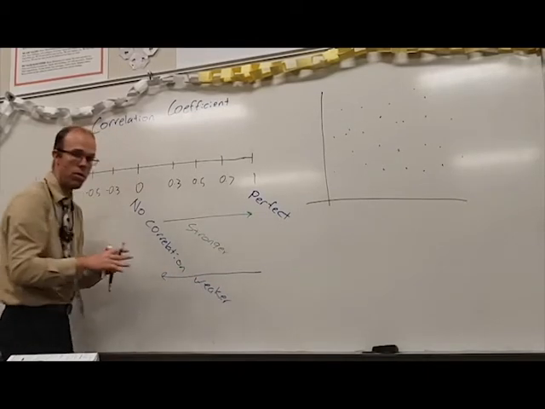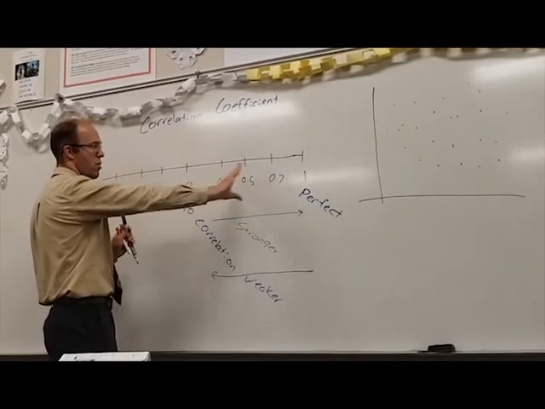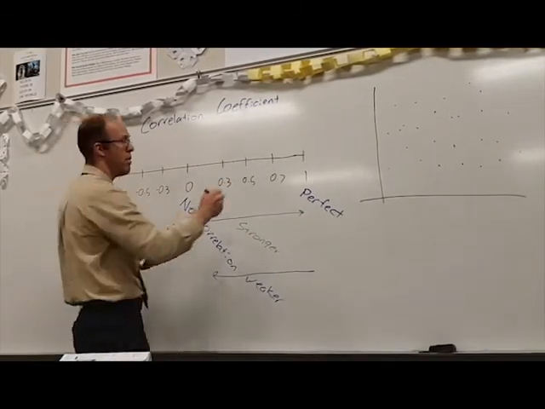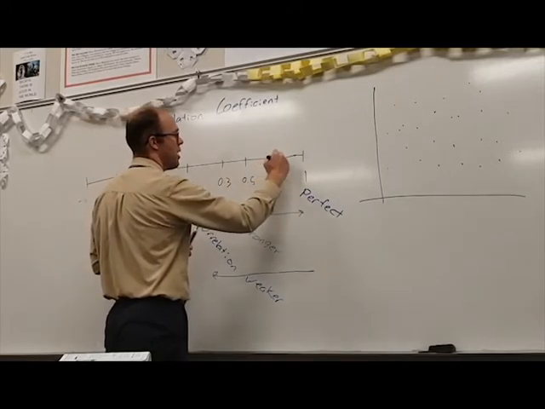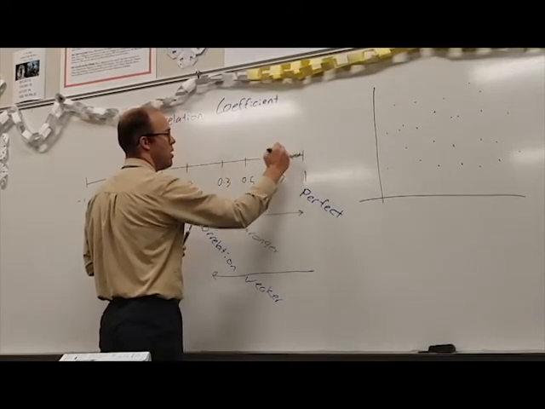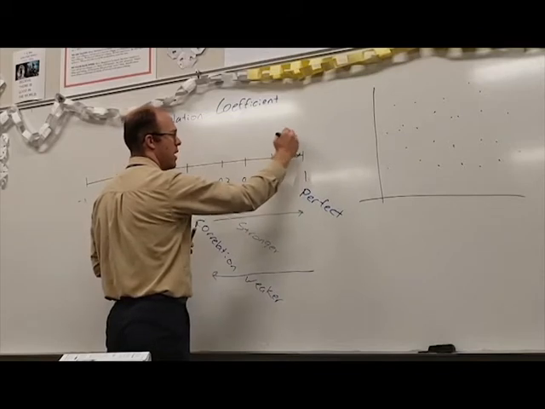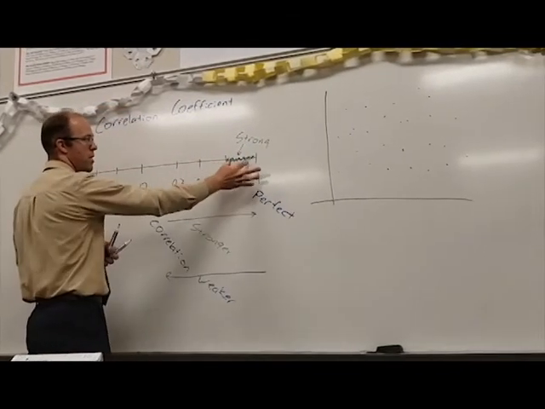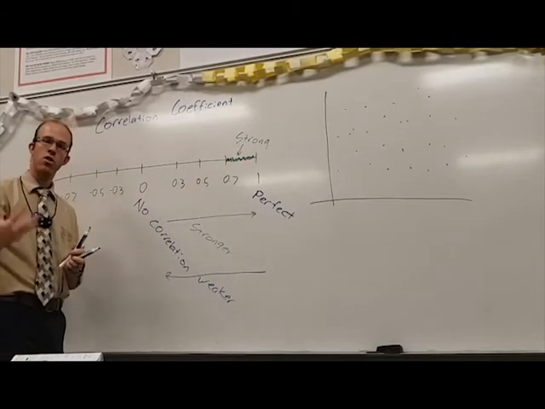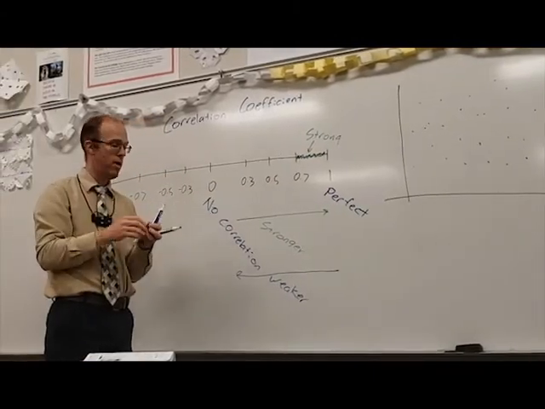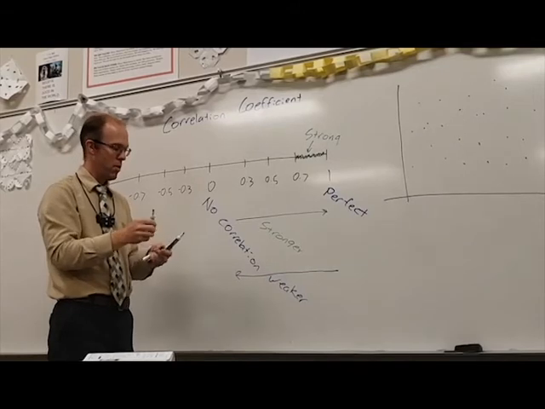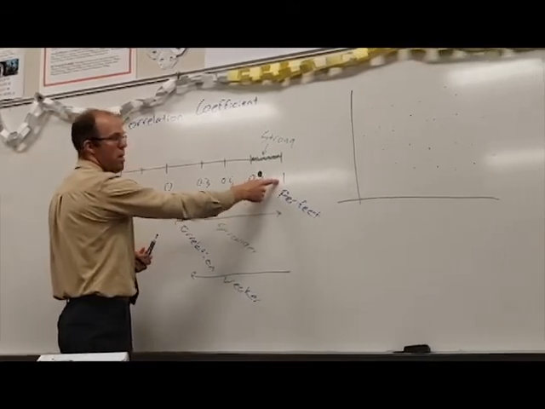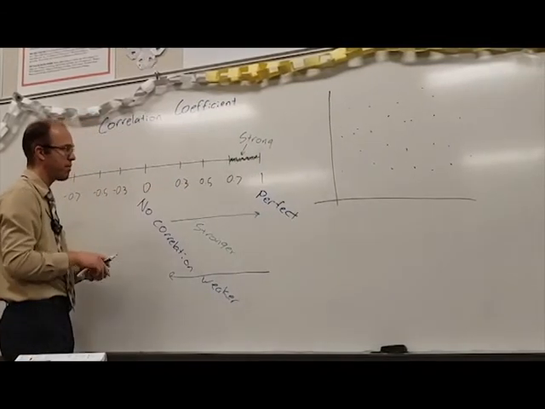So you can always compare scatter plots and see if it's stronger or weaker, but I also like to have these vocabulary words to describe our relationships. So this area from 0.7 to 1, we are going to categorize it as strong. If your correlation coefficient is in this area, then it is a strong relationship. That line of best fit will fit nicely. The points will line up very well. It's not perfect. Perfect is 1, but it does line up very nicely.